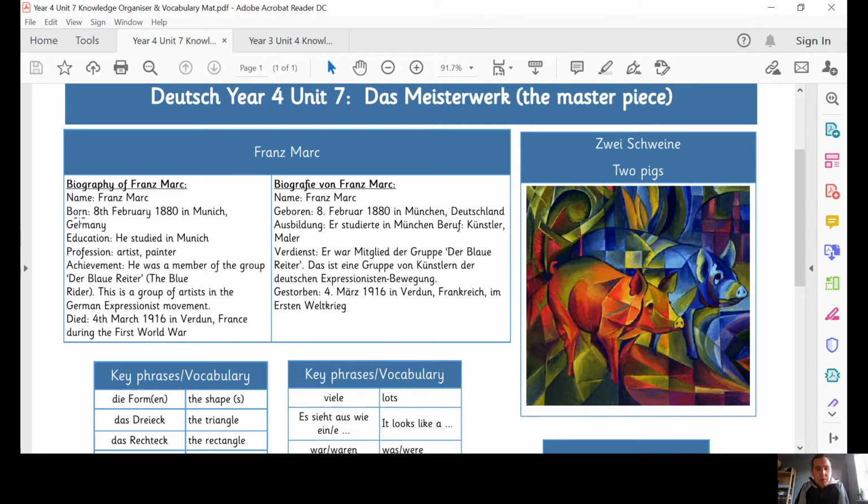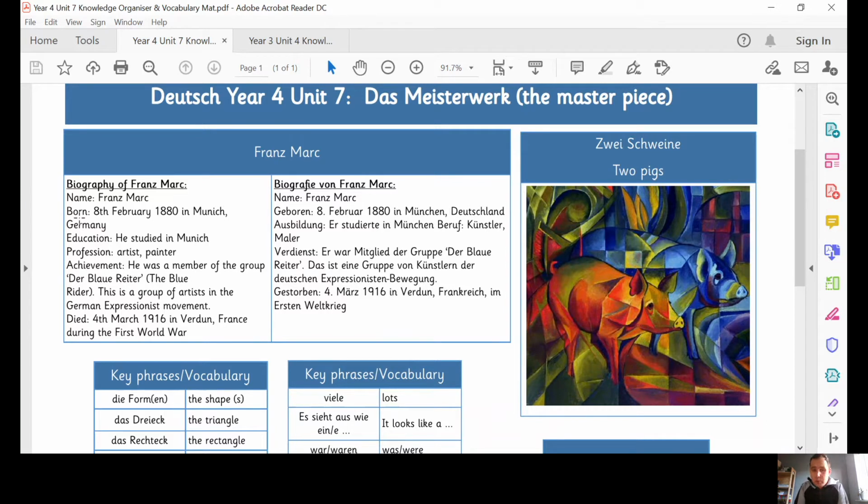His achievements was he was a member of the group called Der Blaue Reiter, which is the Blue Rider, and this was a group of artists in the German Expressionist movement. Now, I'm not going to go into that right now because that goes into another art lesson, but at the time that he was born and the time that he was painting, there was a type of work, a bit like if we think to your music you do, and you have certain genres. You might have jazz, you might have blues, and a bit like in art, there are certain types of art as well, and he belonged to this group of artists that was called German Expressionist, probably because there were slightly more unusual pictures, as is Zwei Schweine.